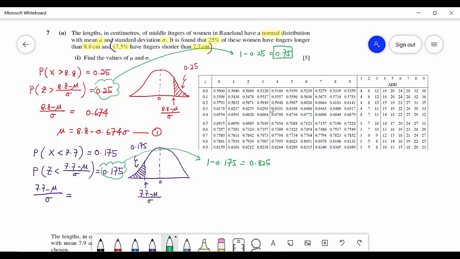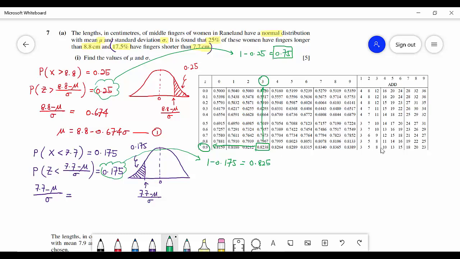All right, now I'm looking for 0.825 from this table. Where is 0.825? Looking for it, I will see that this is the closest value to 0.825. If you look up the value here, it will be 0.93. But to get 0.825, you need to add 0.0012.